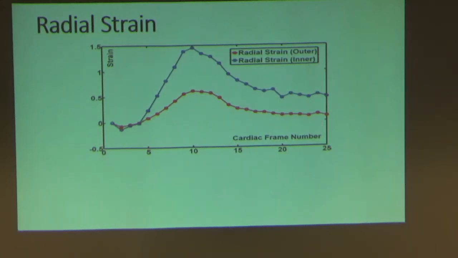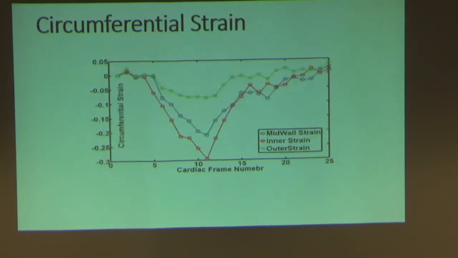So our method is sensitive enough that if you look across the wall of the heart, you could see that the inner wall is contracting twice as hard as the outer wall. And similarly, if we look at inner, mid, and outer wall using the circumferential strains, we can see that like relationship. So we've tested the validity of what we're doing to show that we're getting out these physiological relationships.